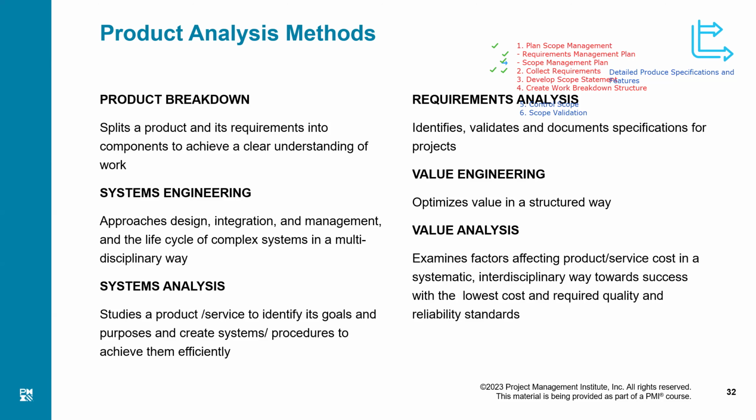So PMI says, and now the PRINCE2 methodology also agrees with it, they generally call it a work breakdown structure. They give you complete independence. How do you want to break down your work? You want to break it down from a product perspective, a project perspective, a process perspective, or whatever.